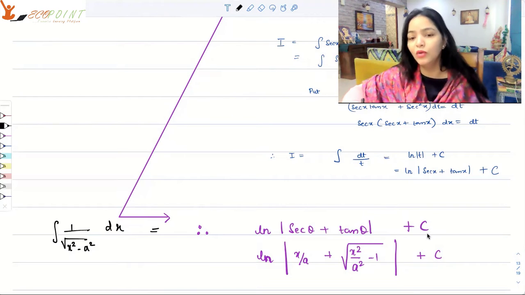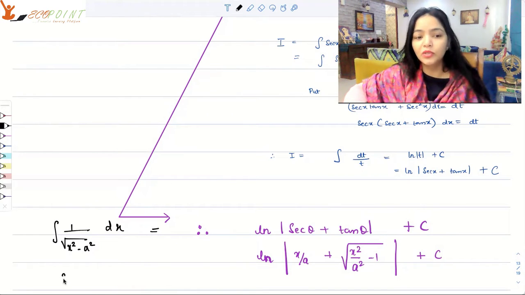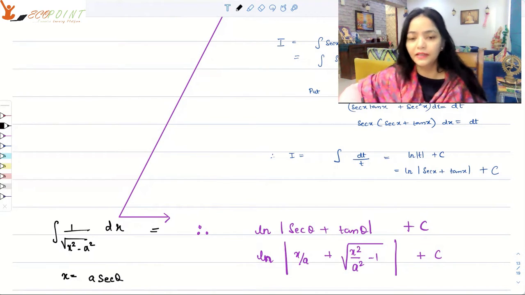Now we have to write it in terms of x, not in terms of theta. Our assumption was that x is equal to a secant theta. So that means secant theta is x by a.